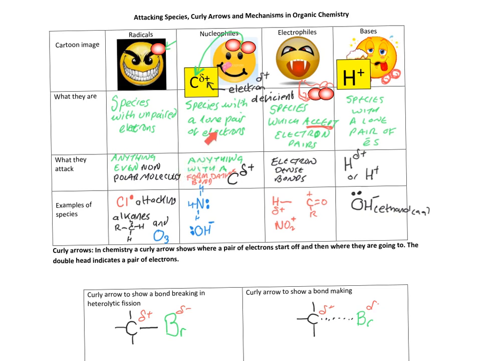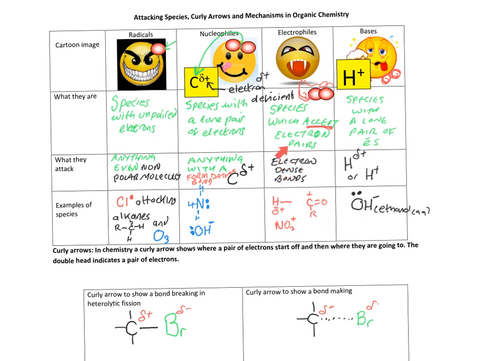When it attacks, it donates its lone pair and creates a dative covalent bond with the electron deficient carbon. Examples of species include ammonia and hydroxide ions. They both have lone pairs of electrons.